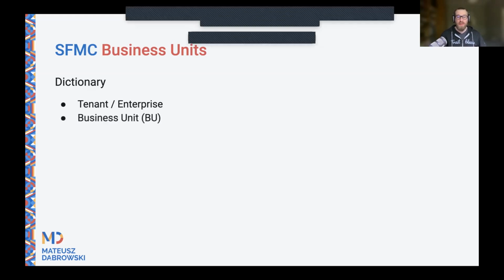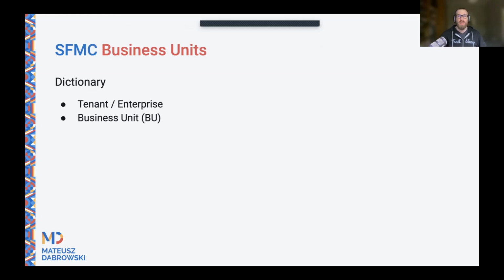Next, we have the business units, which is the main topic of this part of the presentation. And business units are kind of specific sets of parts of your account. So while there's only one marketing cloud account, you can split it into specific business units. We'll be talking in a moment about the value, the reason for getting business units.